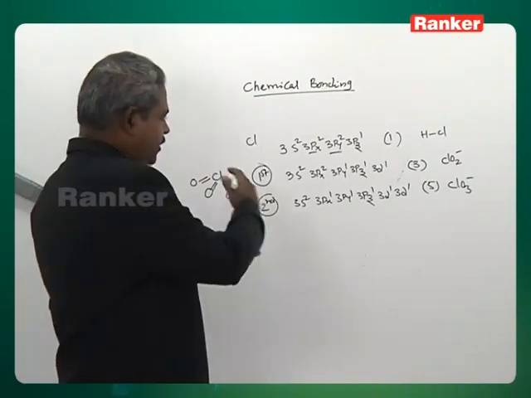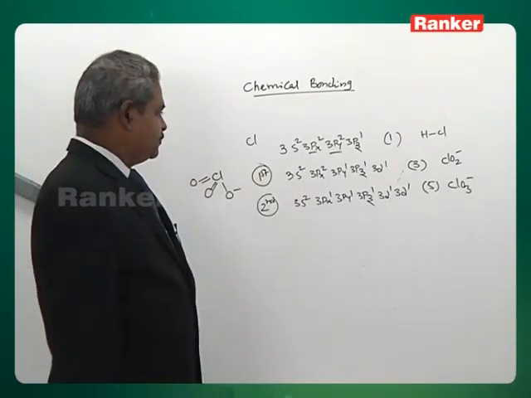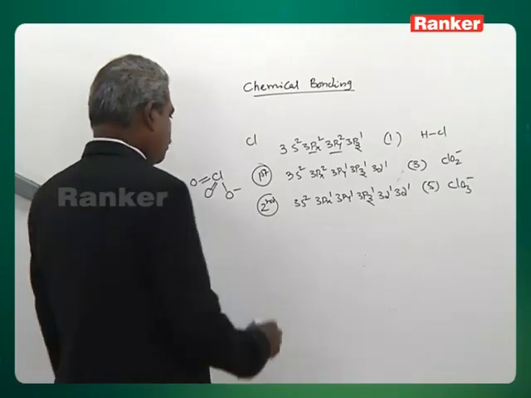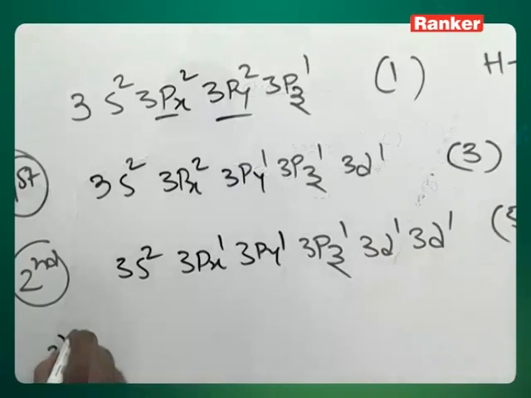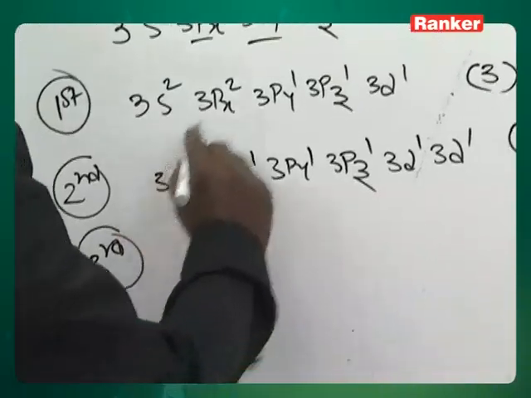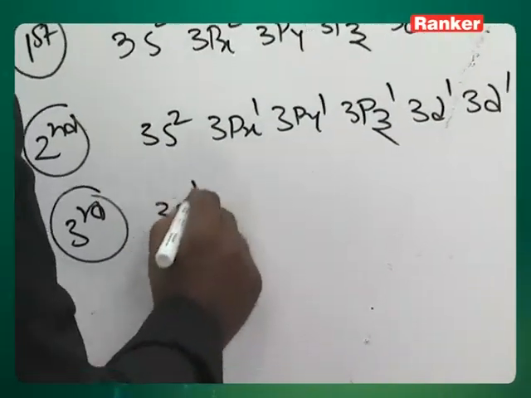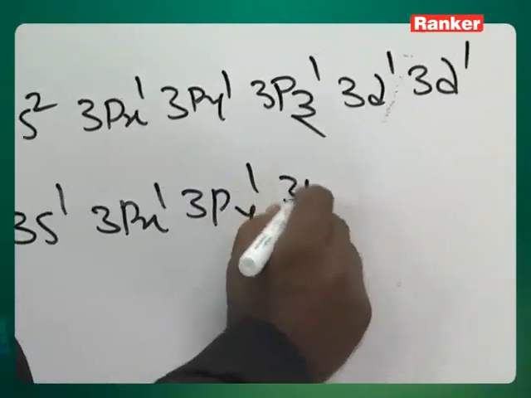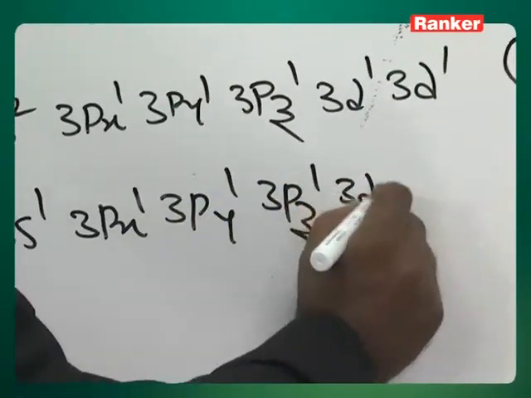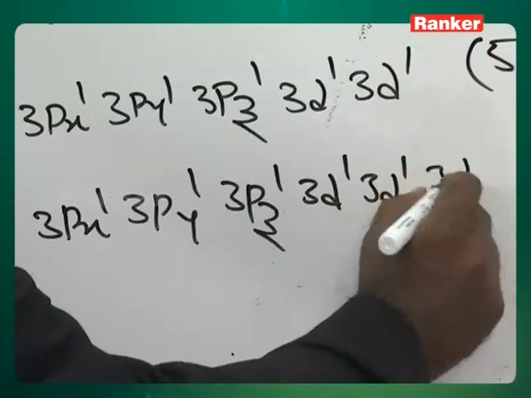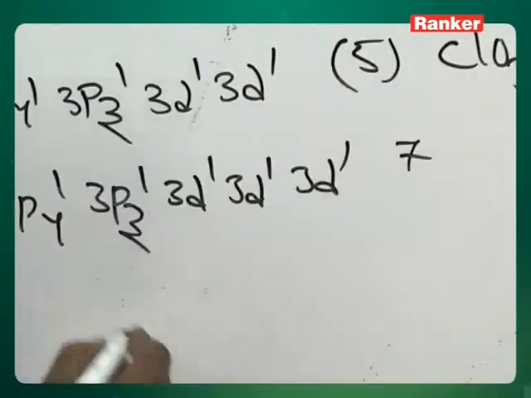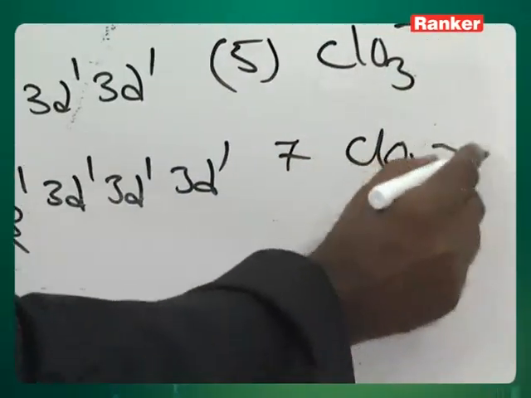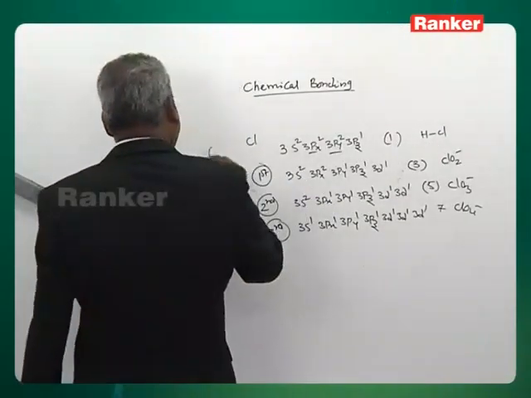So, as you go on forming bonds, now the third excited state, one more excited state, 3s2 to 3s1, 3px1, 3py1, 3pz1, 3d1, 3d1, 3d1. So, 7 bonds also, ClO4 minus.